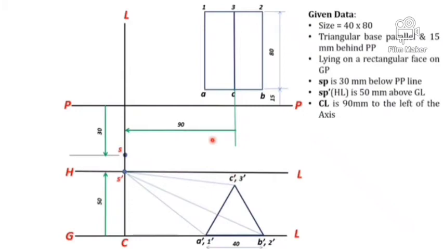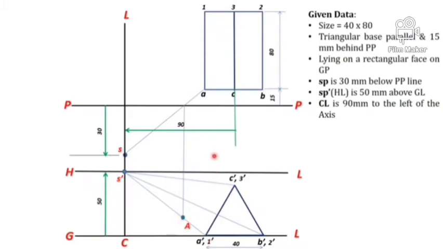To find the perspective view of point A, draw the top view visual ray from S to A, and from the intercept on PP, draw a perpendicular line towards the corresponding visual ray in front view, that is S dash A dash.